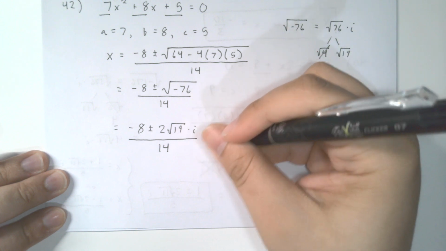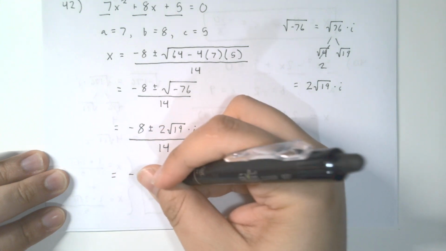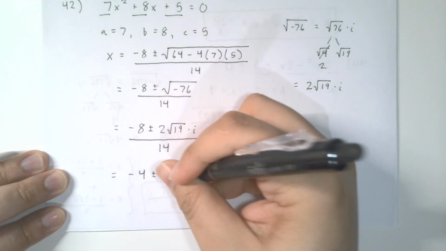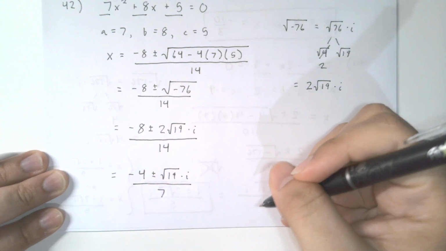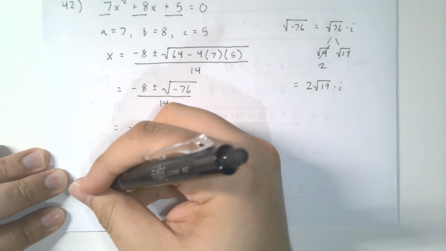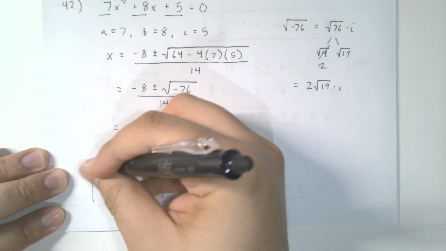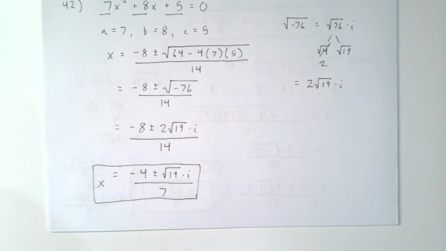And so we get negative 4 plus or minus the square root of 19 times i all over 7. And so this is our final answer.